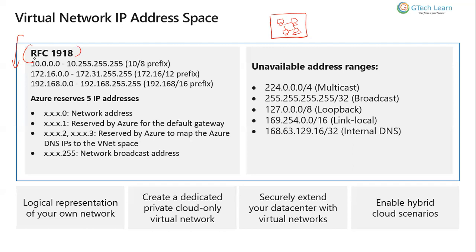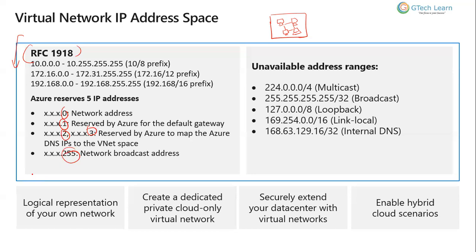What are the reserved IP addresses? .0, .1, .2, .3, and .255, those 5 IPs are reserved. .0 is reserved for the network address. .1 is reserved by Azure for the default gateway. .2 and .3 are reserved by Azure, mapped to the Azure DNS IPs for the virtual network space. And .255 is reserved for the network broadcast address.